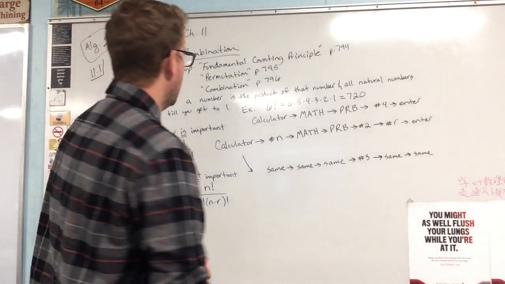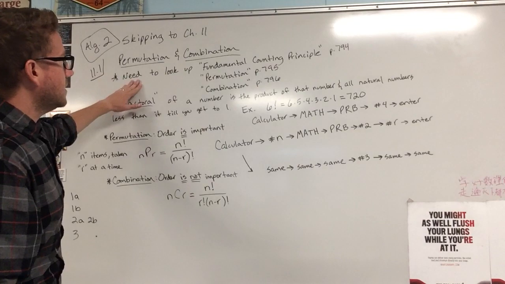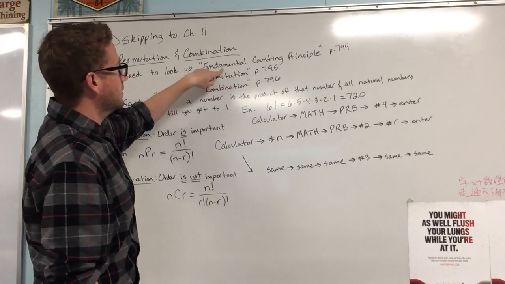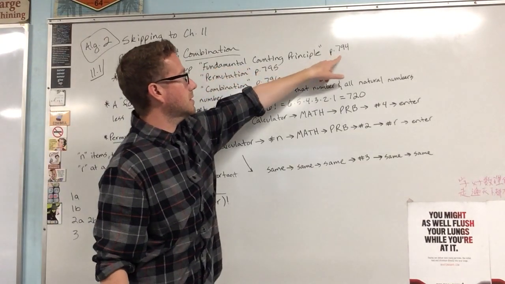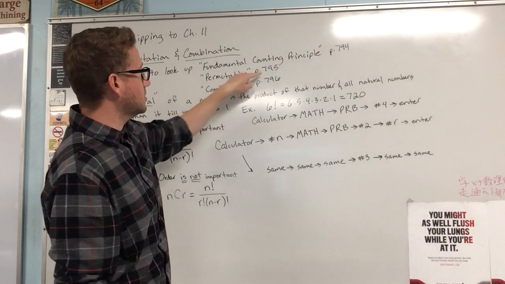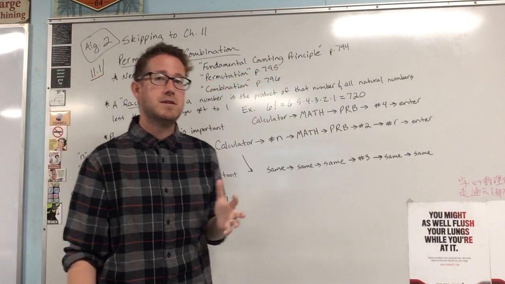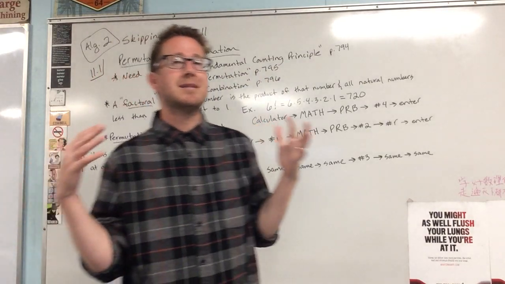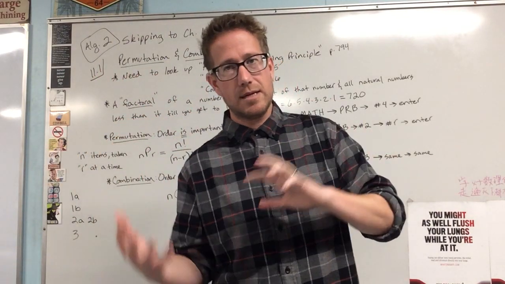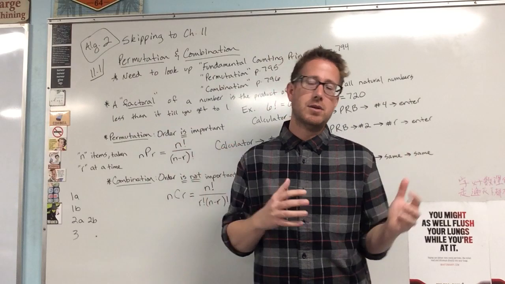All right, so things that you're going to need to look up, some definitions here. Fundamental counting principle, here's that page. Permutation, there's that page. And combination, there's that page. So these definitions are important because it's a little bit conceptual and calculation based.